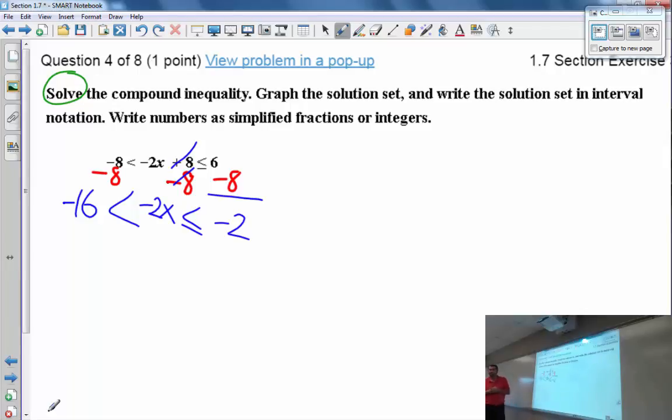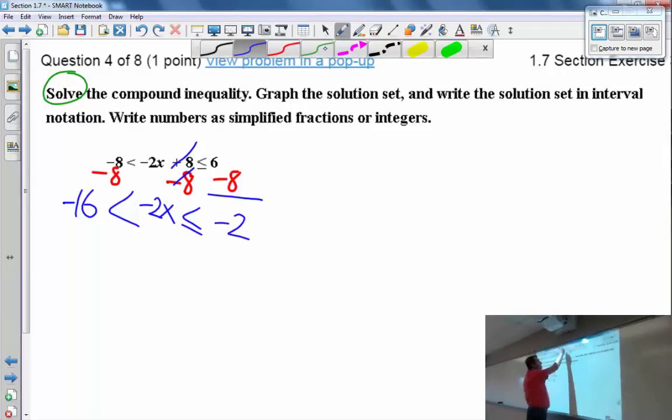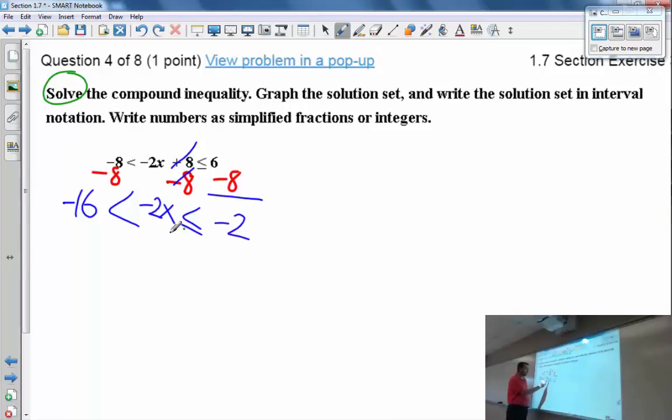Next. What is next? What do you feel like doing? Yeah, -2 is our next target. It's multiplying, so I need to use the opposite operation, which is division. And I will go ahead and divide by -2. And if you're not careful enough, you can mess up here.